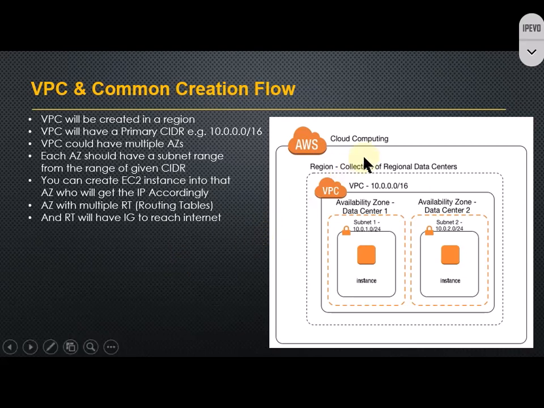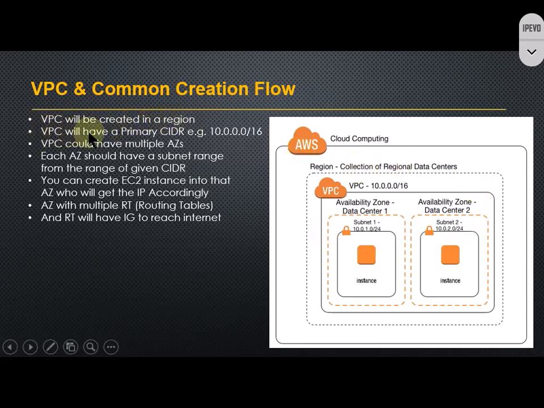From the snapshot, it shows that this is the AWS cloud. Inside that we have one region. Let's suppose we selected AP Southeast 2. Inside it we will have the VPC, to which I'm going to give one dedicated IP CIDR block. So what are the things available in a VPC? A VPC will be created in a region.